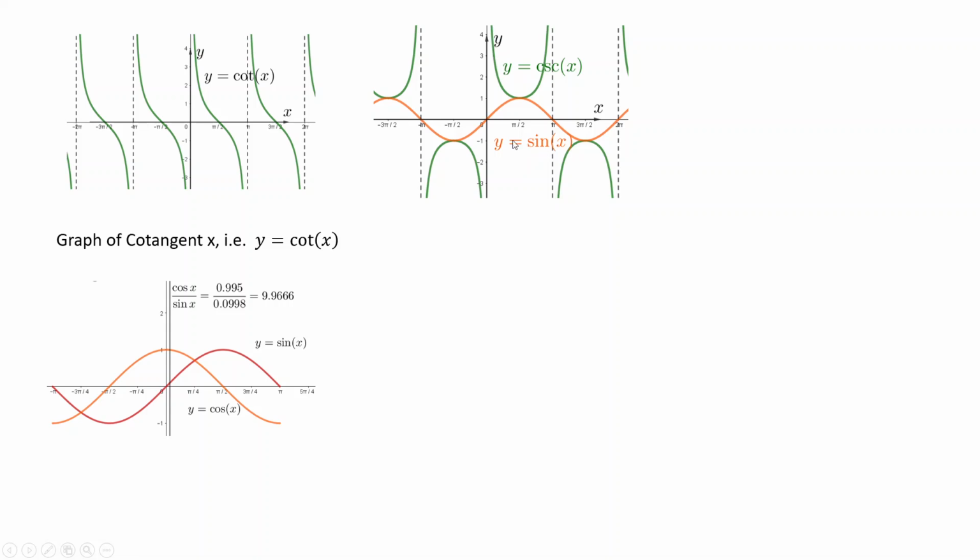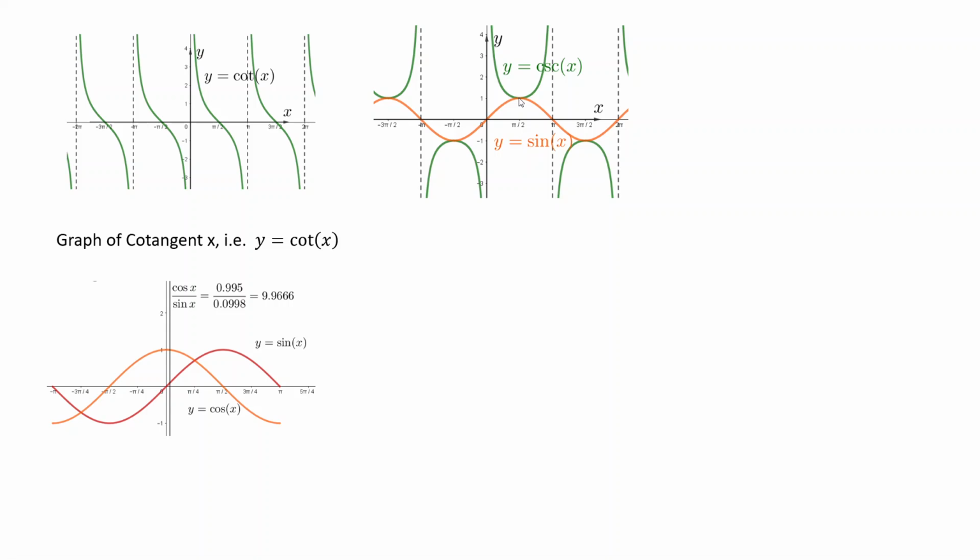Let's examine it a little and see whether or not it makes sense. At x equals pi half, sine x has a value of 1. Sine pi half is 1, sine 90 degrees, right? So cosecant should be 1 over 1, which is 1. No wonder at x equals pi half, the cosecant graph is at a y value of 1.